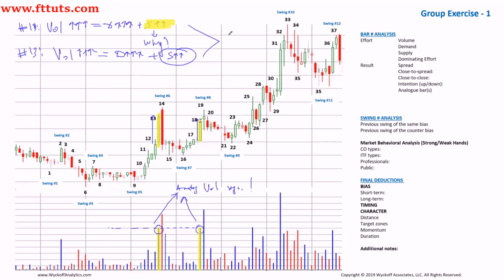So this is kind of a tricky question. I would think supply is coming in more on bar 18. Why? Lower spread. Yes. Great. So now I see that you guys are following me. Now I see that you understand this concept, right?